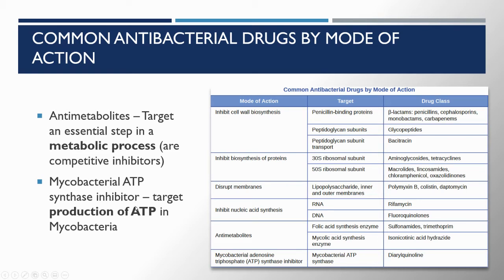So if we can block the enzyme that's used to build ATP from adenosine diphosphate and phosphate, then the cell has no energy source and it can't carry out any functions. So these are all targets here. The ATP synthase in bacteria and Mycobacterium is different from what we have. Some of the cytochrome C, some of the molecules involved in that process, the ATP synthase, are different enough that it affects them, but not us.